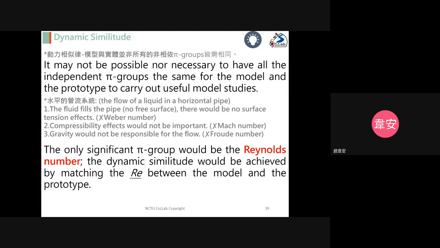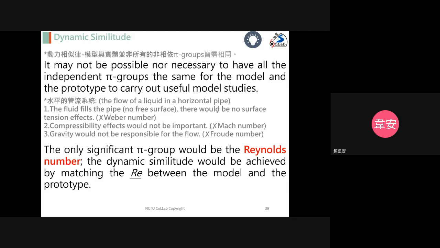Here I just want to highlight one problem we always meet, the piping flow, and we assume the pipe is a horizontal pipe. So we can discuss the following points. The first one is the fluid fills the pipe, so there is no free surface.